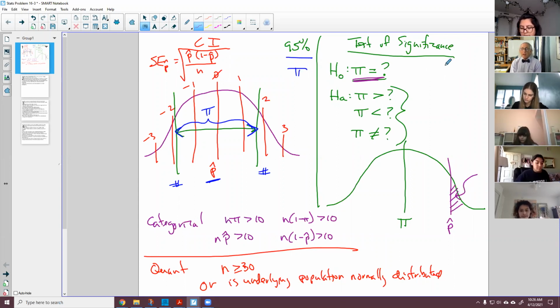Then I compare that to the alpha that I'm looking for, which is usually 5% or maybe 10%.